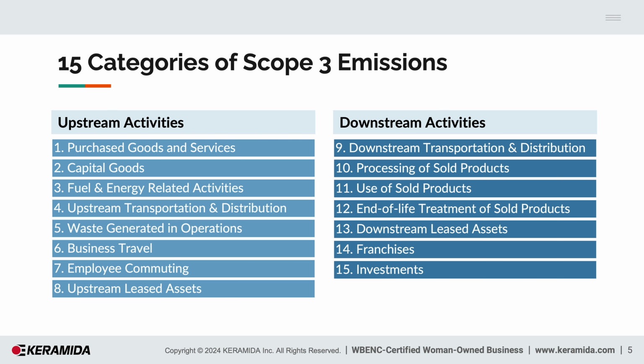So with the upstream activities, thinking about the purchased goods and services that you have to purchase and procure from all of your suppliers that go into the product, if there's any capital good investments in that reporting year, the upstream transportation, third-party logistics providers that you may have to outsource with. All of those emissions are categorized under upstream activities. So we'll be focusing on how to calculate emissions from those types of activities.